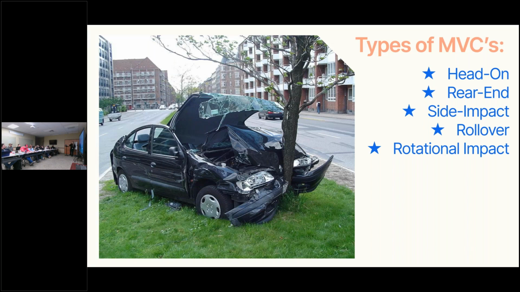Like you're rolling down a hill, like someone rolling down in a can, you're just going all over the place inside that vehicle. So there's lots of potential for injury there. Possible ejections are another one to look for with rollovers. And then there's rotational impact. Maybe your car gets hit on the rear end and you kind of spin out, right?